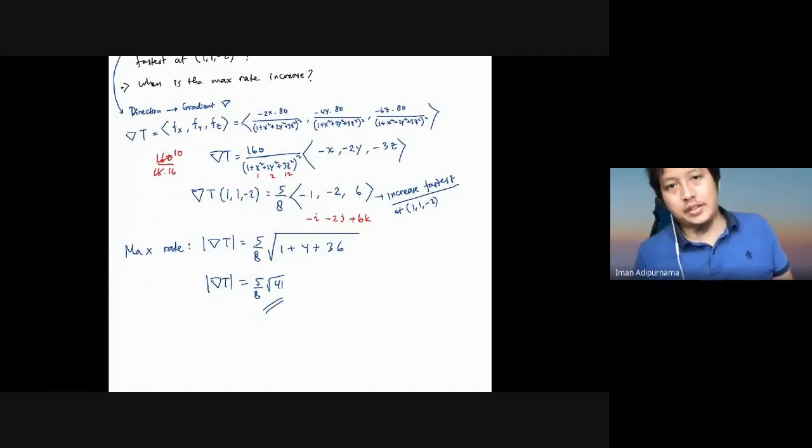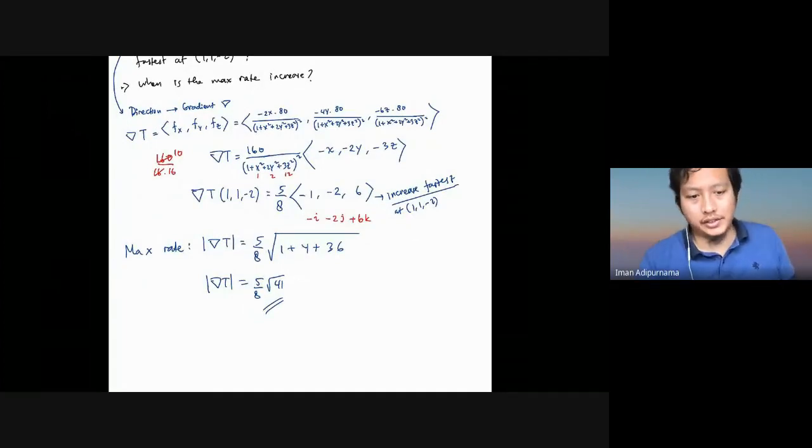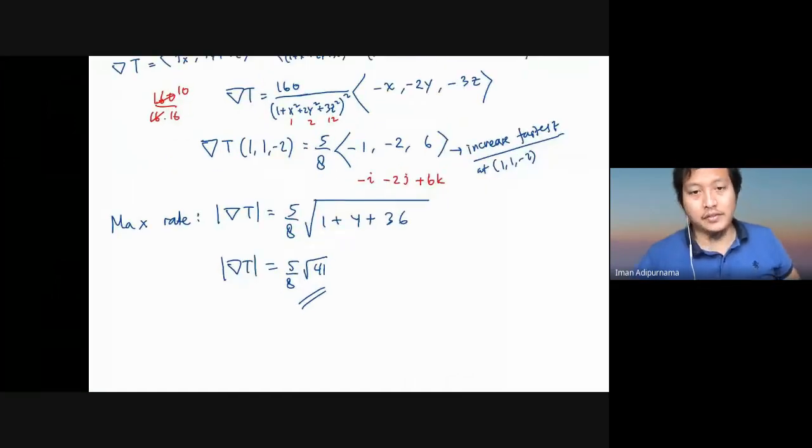So whenever you have a function and you are looking for a directional derivative, you are looking for the gradient vector, and when it's asking to maximize the directional derivative, meaning it's trying to maximize the rate, you can take the gradient vector and calculate the magnitude of the vector.